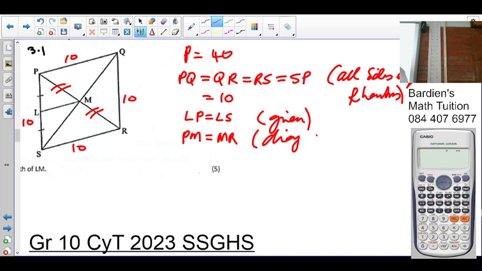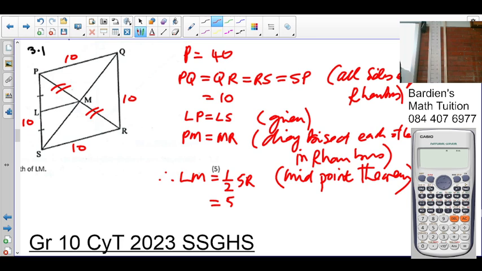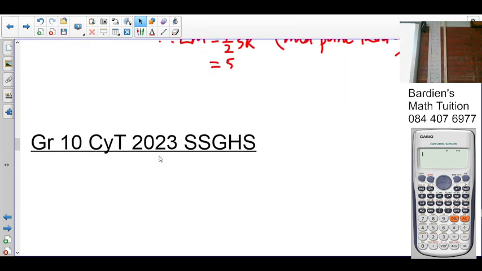Diagonals bisect each other in rhombus. Therefore, LM is going to be a half of SR. And why is that the case? It's the midpoint theorem. Okay. So easy, no? I can't help that maths is so easy.